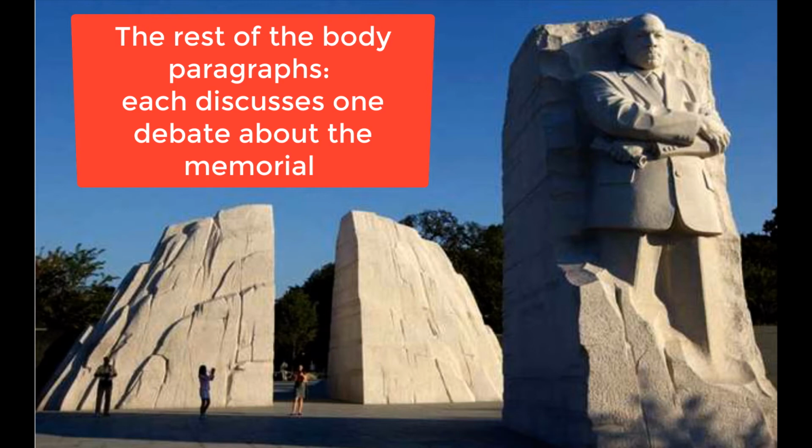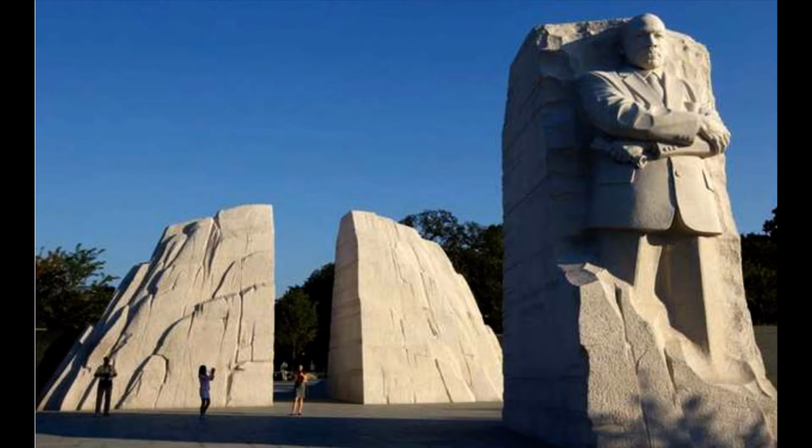One of them you maybe can identify right off the bat here. This is the first memorial to a person of color on the National Mall in Washington, D.C. There are memorials to Lincoln, to Washington, other people. This is the first one to a person of color.